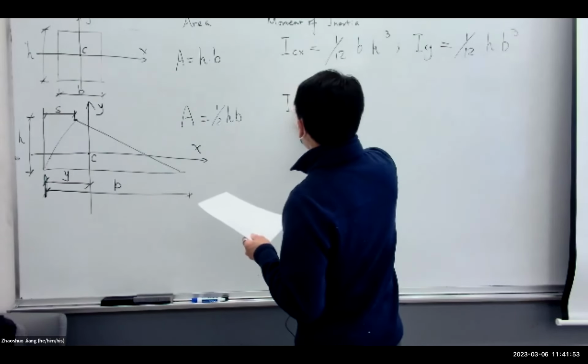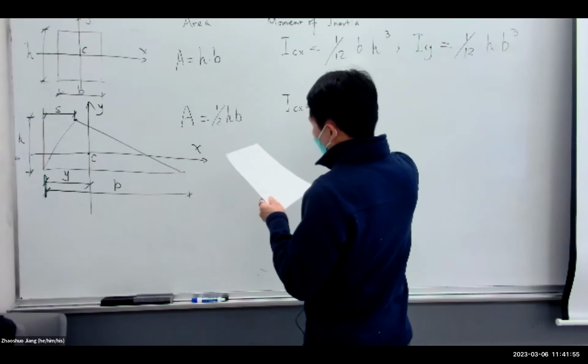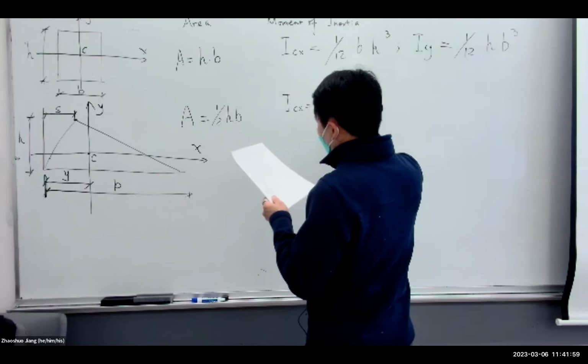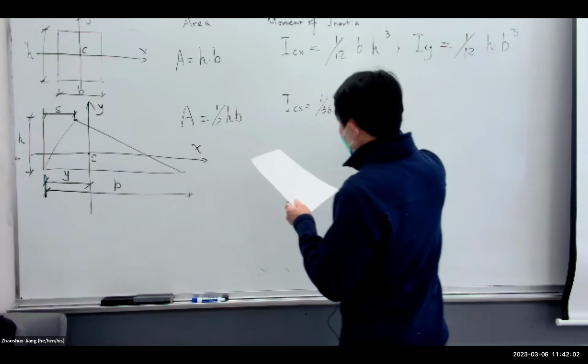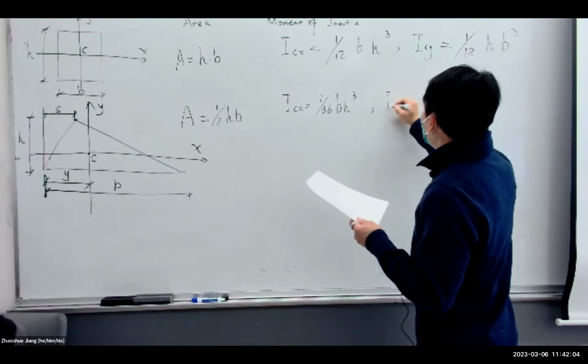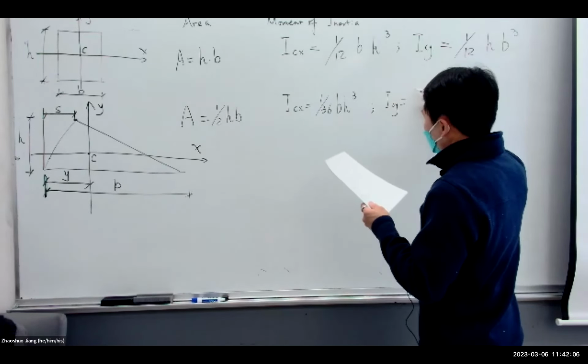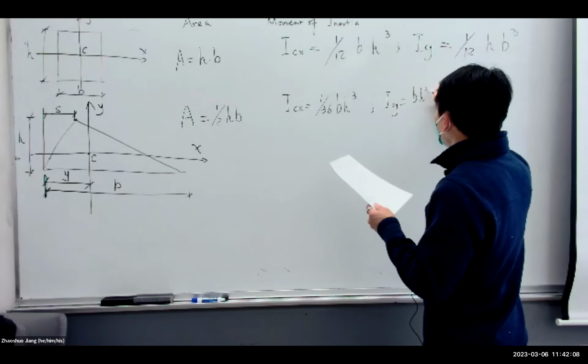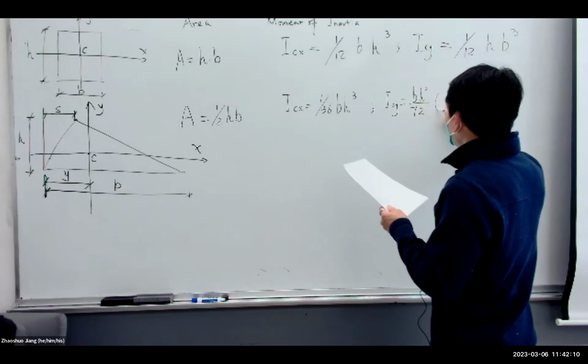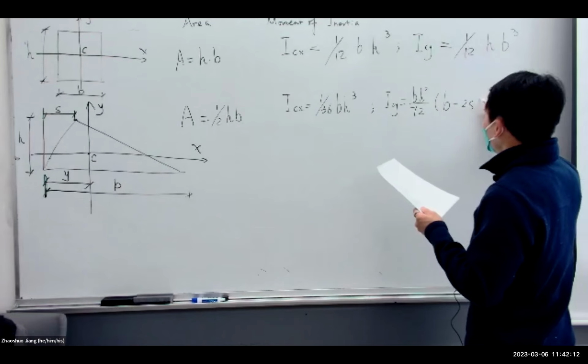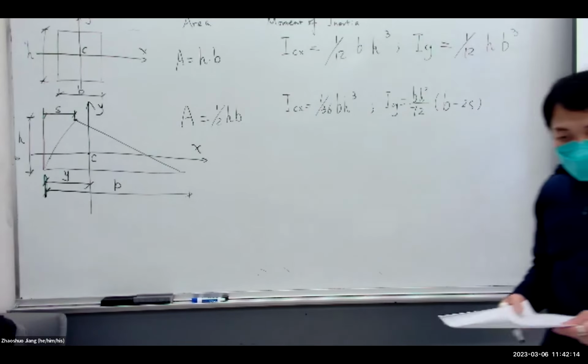So ICX is 1/36 bh cubed. ICY is equal to bh squared divided by 72 times (b minus 2s). Okay.